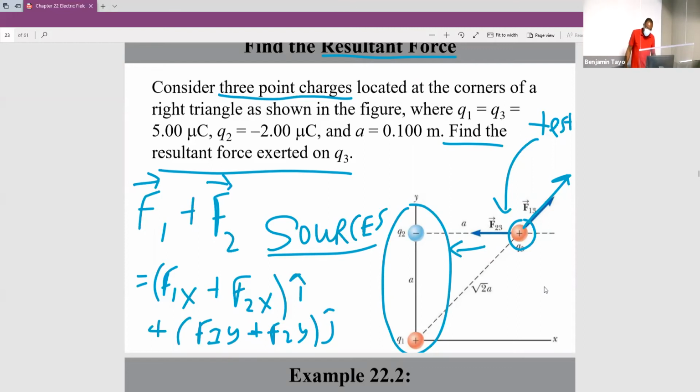Now, by the way, what is this angle right here? It's 45 degrees. And if this is 45, then what is this angle here? This should also be 45.